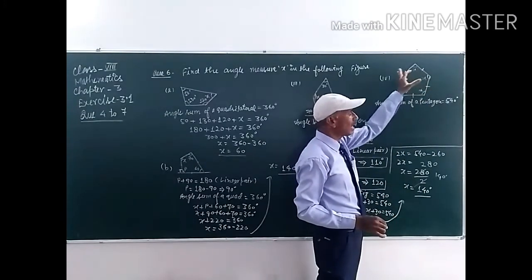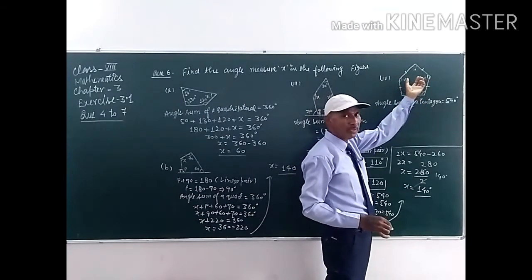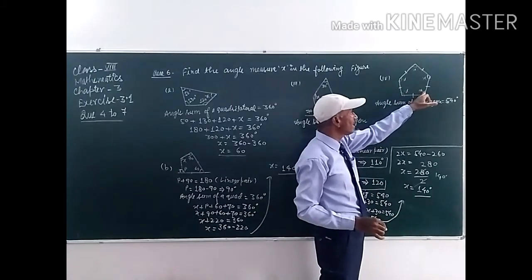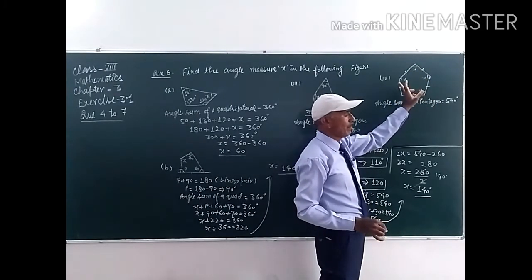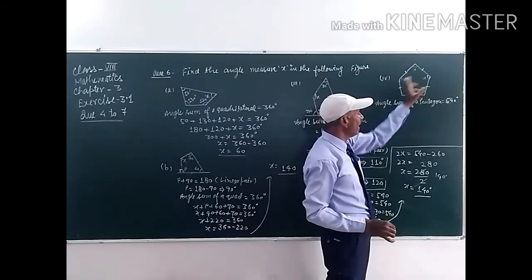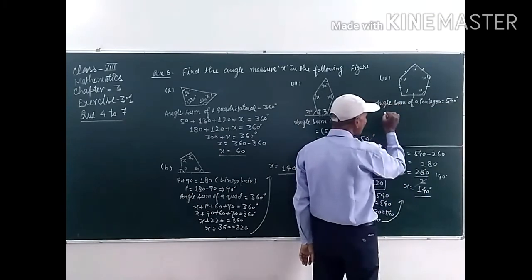All of its sides are of equal length, therefore all of its angles will also be equal. So if this angle is x, then the other angles will also have the same measure, they will be x also. And the angle sum of a pentagon is 540 degrees.